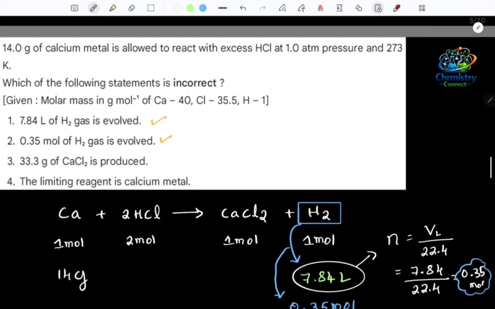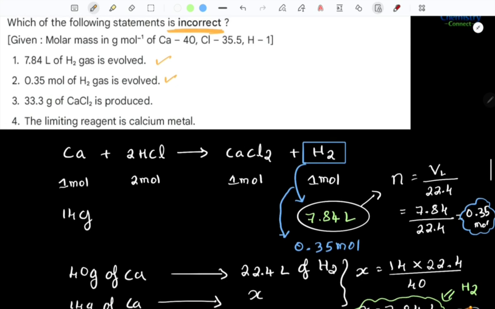But what is our main agenda? To identify the incorrect statement. Next: calcium chloride produced is 33.3 grams. Let us focus here. 1 mole of calcium will give rise to formation of 1 mole of calcium chloride.